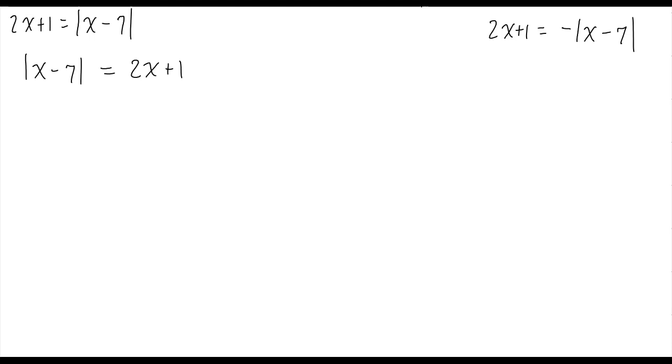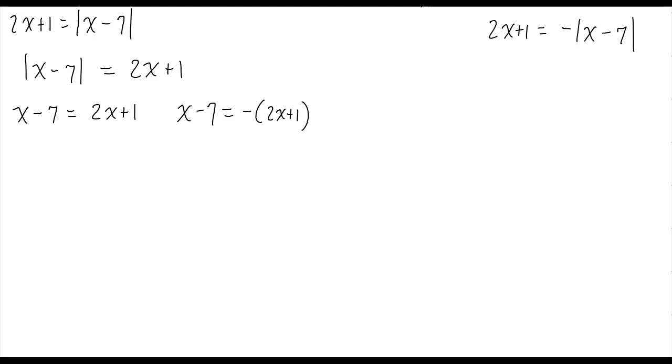Okay, same rule as before. So x minus 7 could equal positive 2x plus 1. X minus 7 could equal negative (2x plus 1). And notice I used the parentheses there just to remind myself that this negative applies to the entire right side. All right, so let's solve these one at a time.